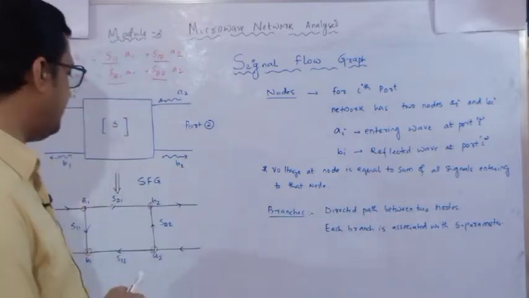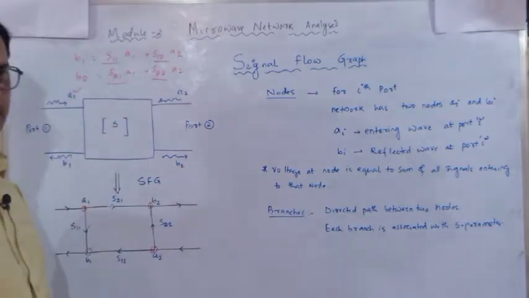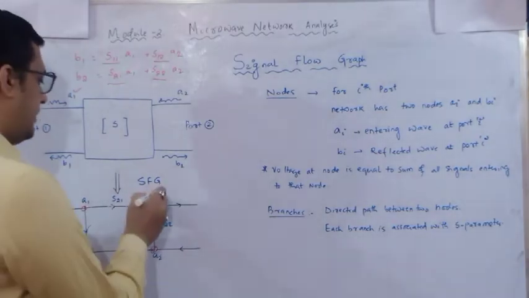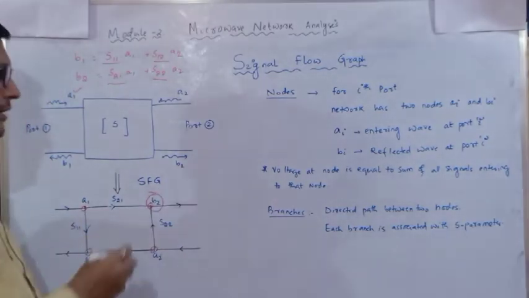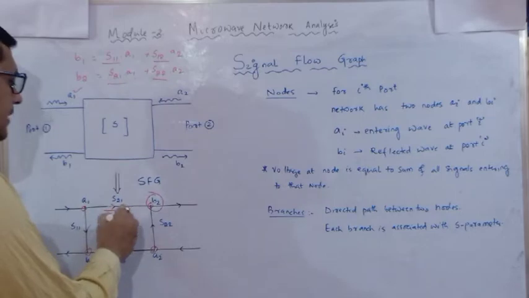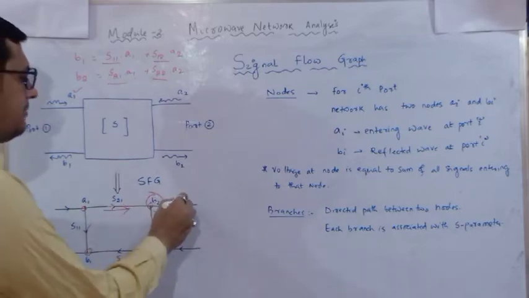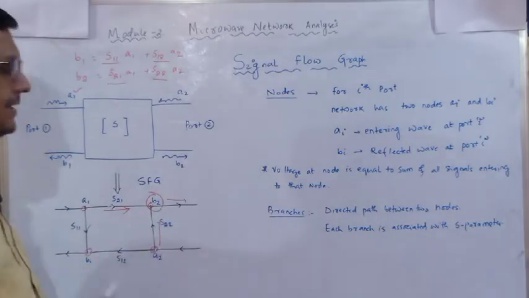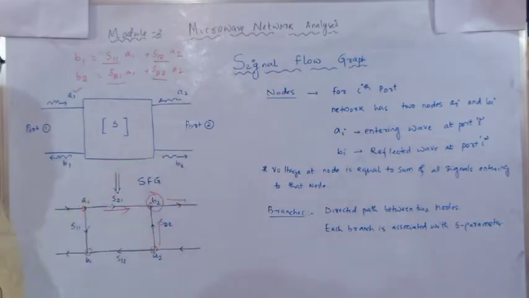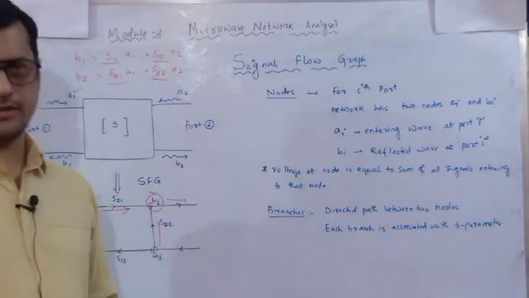For example, I will consider B2. Here the potential is incident from A1 and the potential is incident from A2 and the sum is available in this. So this indicates that the sum of potential must be equal to the sum of outgoing potential.